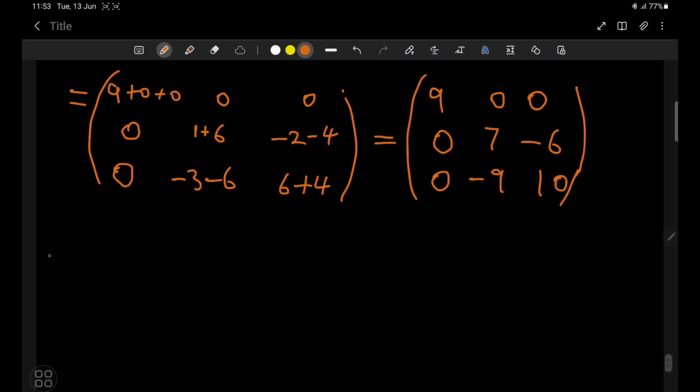So for us to finally obtain A cubed, we'll have our A squared set, which is 9, 0, 0.